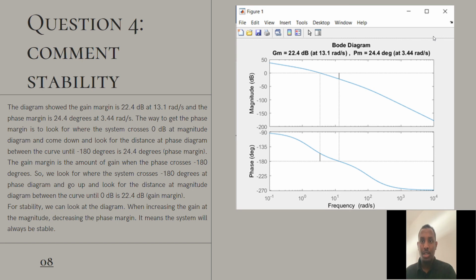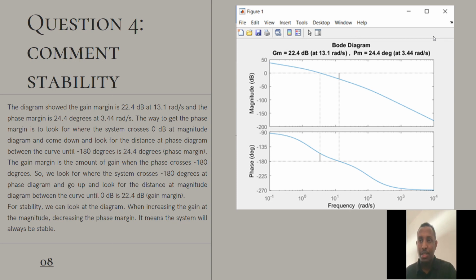The way to get the phase margin is to look where the system crosses 0 dB on the magnitude diagram and comes down, and look for the distance on the phase diagram between the curve and negative 180 degrees, which is 24.4 degrees.